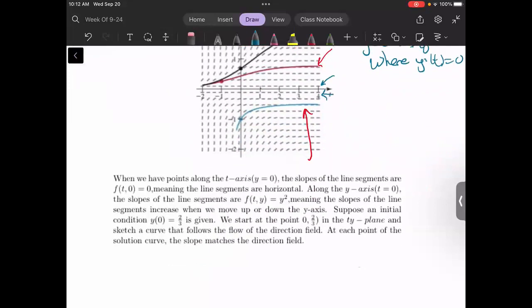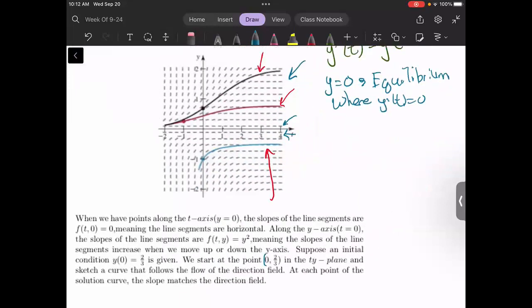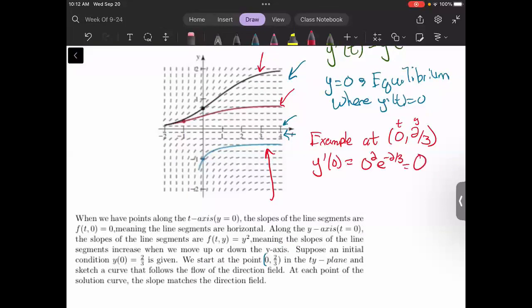As an illustration, if we look at the point (0, 2/3), t is 0 and y is 2/3. Y prime in this case is 0 squared times e to the minus 2/3, which is 0.